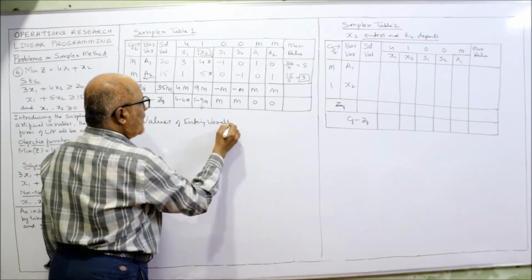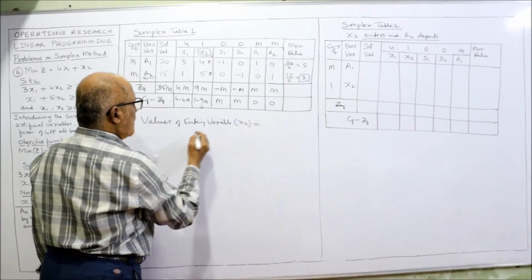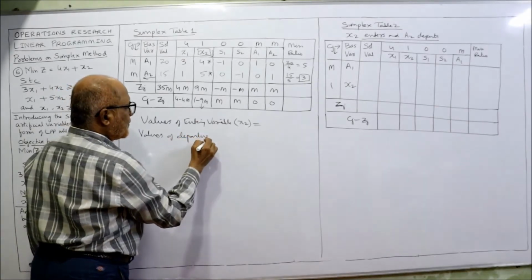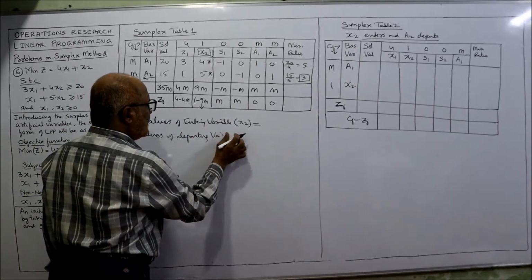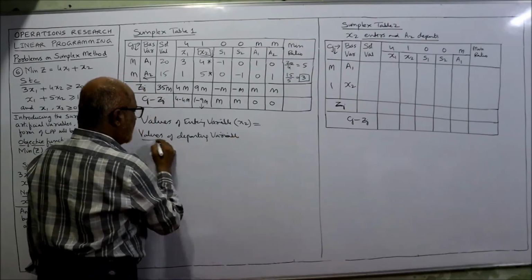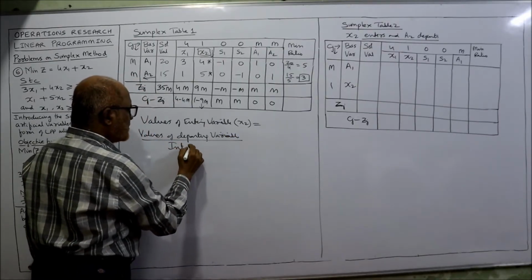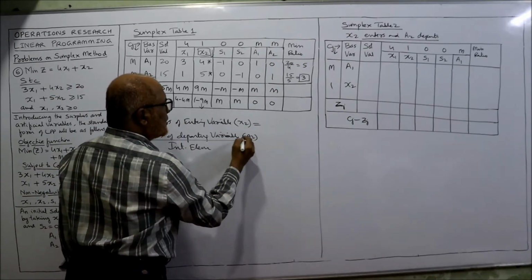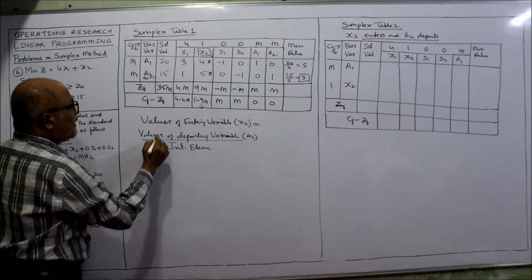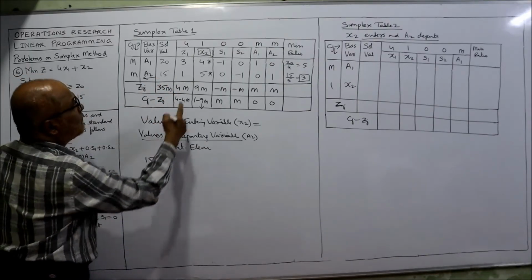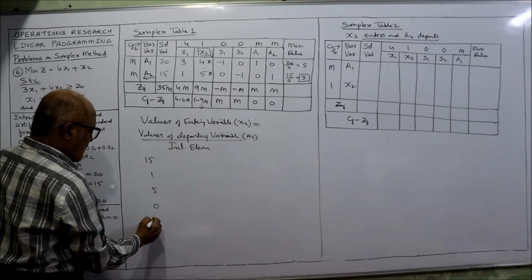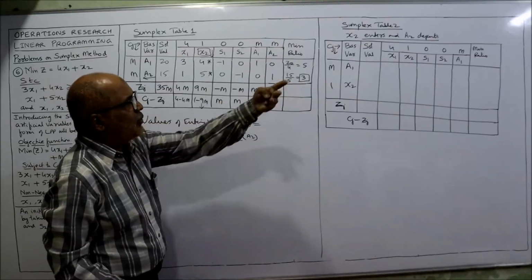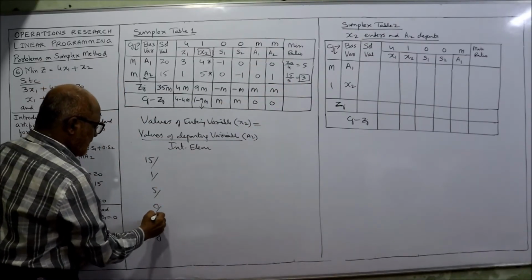Values of entering variable x2 is equal to values of departing variable divided by intersectional element. Right? Departing variable is what? A2. So what are the values of A2 here? 15, 1, 5, 0, minus 1 and 0. I am not taking the value of A2 because A2 is eliminated. Divided by intersectional element.